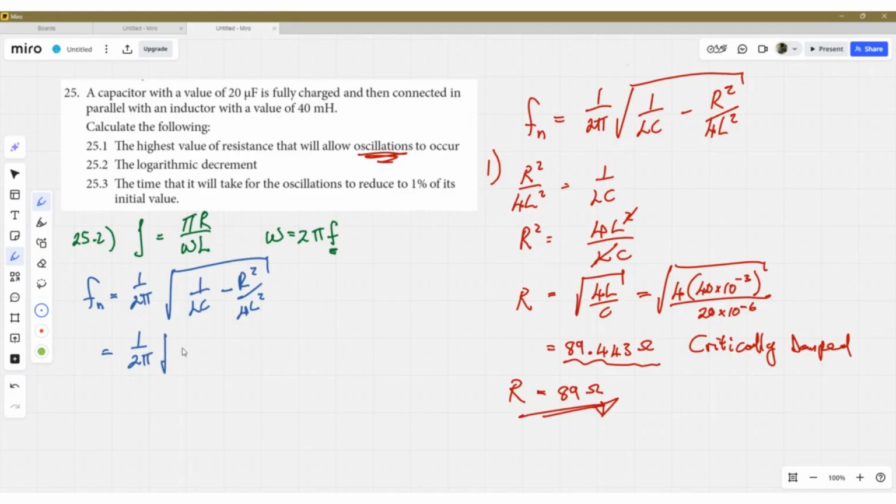Substitute our values: 40 times 10 to the minus 3, divided by 20 times 10 to the minus 6, so that's going to be a massive value. Minus 89 squared over 4 times, sorry, that's not 4, it's 40 times 10 to the minus 3.